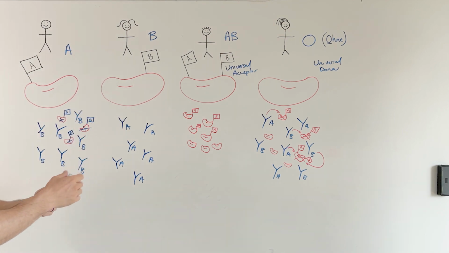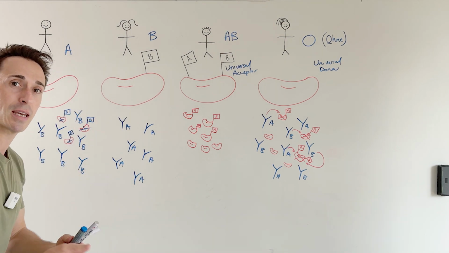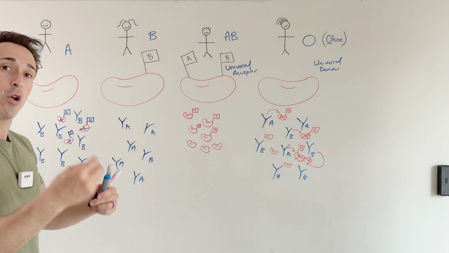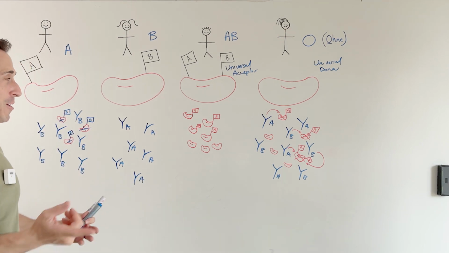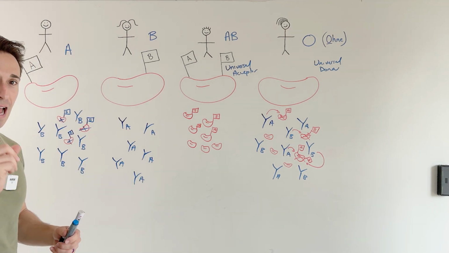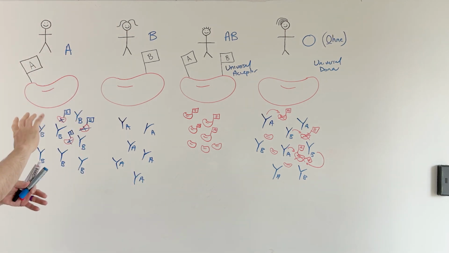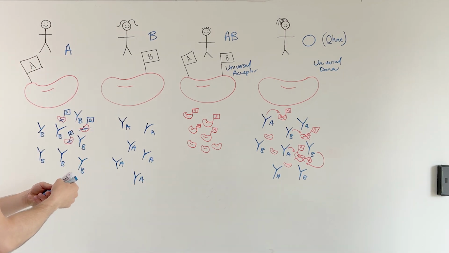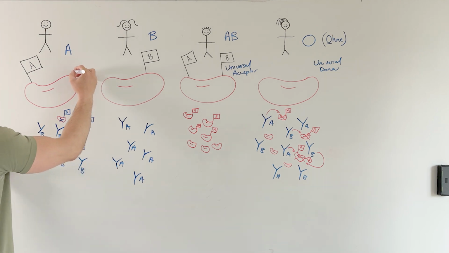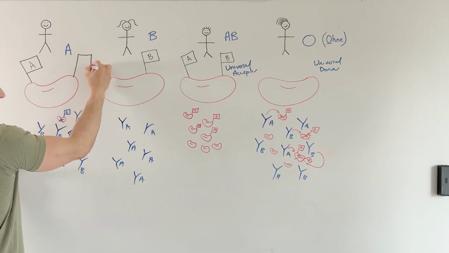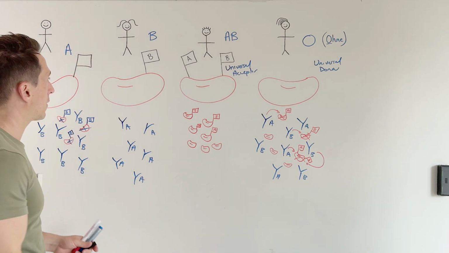This is an additional factor. You probably know that somebody can have A positive blood or A negative blood, right? So let's take a look at that. Okay, so rhesus factor. It's another flag, basically. Rhesus is named after the rhesus monkey where they discovered it.